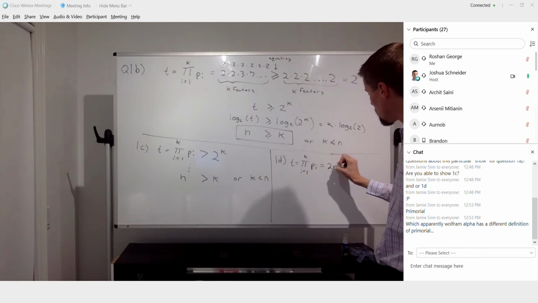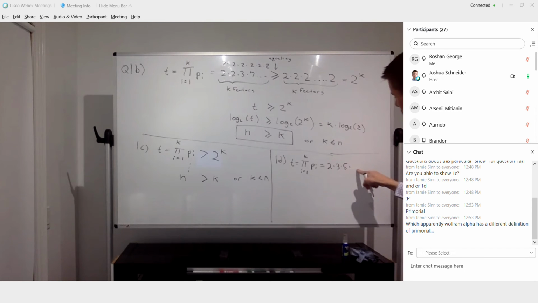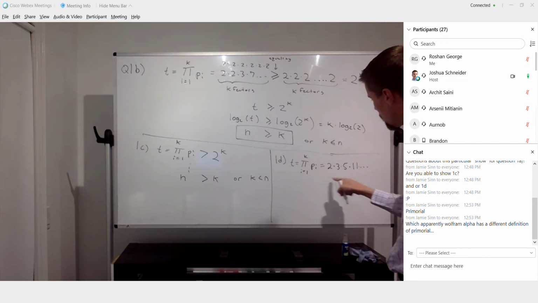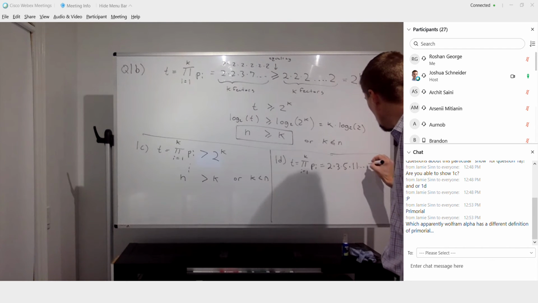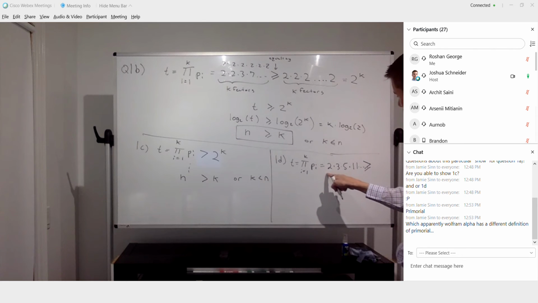Maybe 2 times 3 times 5 times, let's skip 7 just for kicks and go to 11 here, times 11. Well, this one must be greater than or equal to the primorial of k. So this series must be greater than or equal to the primorial of k, because the primorial of k would be starting at 2 and going 2, 3, 5, 7, 11.